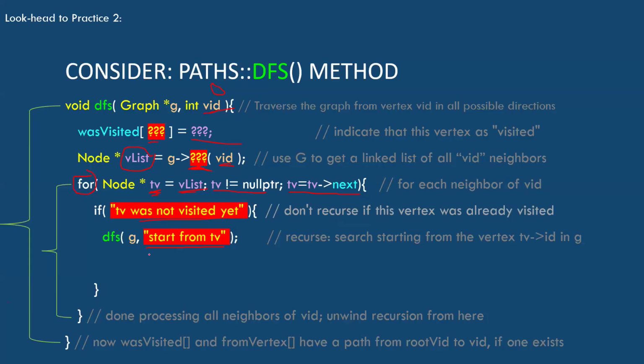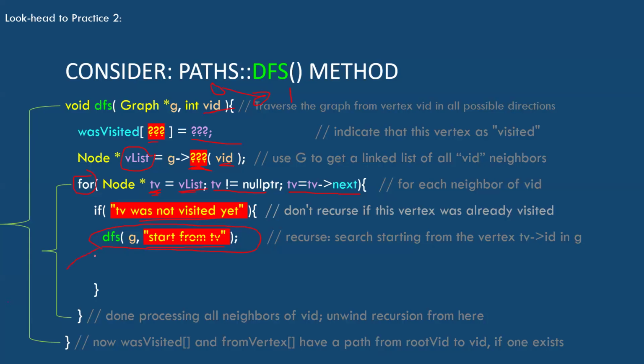Give you guys a moment to soak that up. So I'm at 0, and let's say it's connected to 1. So I pull 1 off the vertex list, and I recursively say, okay, do that again, starting from 1. And then that recursive level picks up the adjacency list for 1, and we start drilling down recursively. But we got to come back.